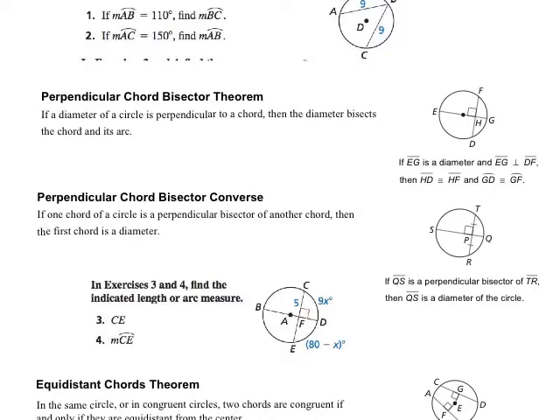So if a chord is a diameter, meaning it goes through the center, and it's perpendicular to another chord, it must also bisect that chord. We also know that if one chord is a perpendicular bisector to another chord, it must be the diameter.